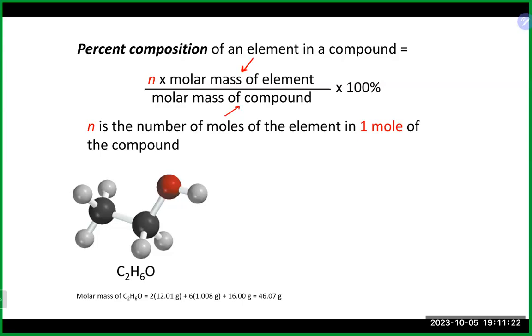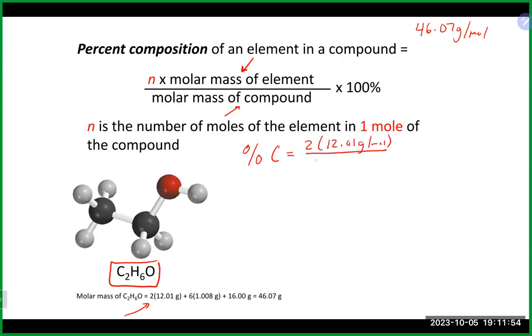For example, here, if we look at C2H6O and we calculate our molar mass, which I think we did on a previous problem, it is 46.07 grams per mole. It's worked out down here on the bottom as well. If we wanted the percentage of carbon by mass in this compound, there are 2 carbons, so we would take the mass of the 2 carbons, 12.01 grams per mole times 2.